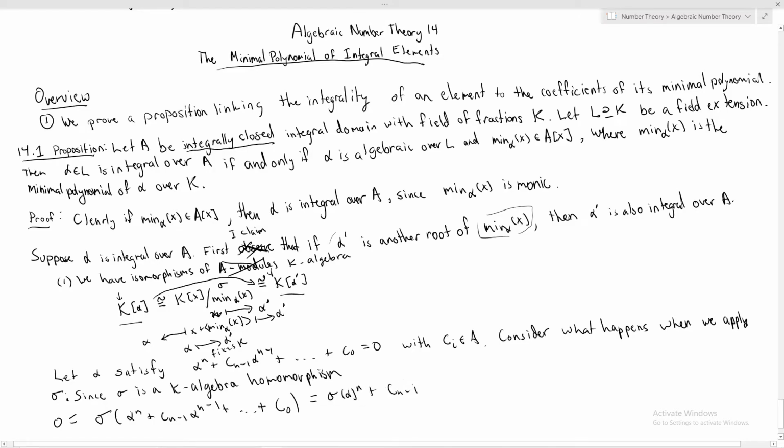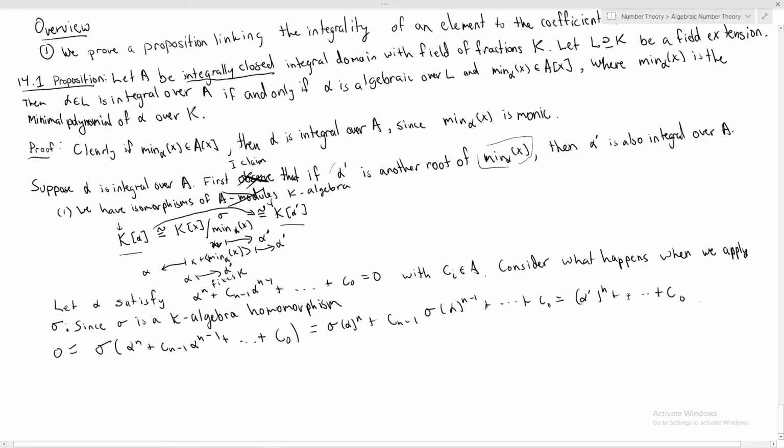Since this lives in K, it can pop right out. It'll be sigma of alpha to the n minus 1 plus sigma of c naught, which is just c naught. And sigma takes alpha to alpha prime, so I see that alpha prime also satisfies the same thing. When I plug in alpha prime to this polynomial with coefficients in A, I also get 0.